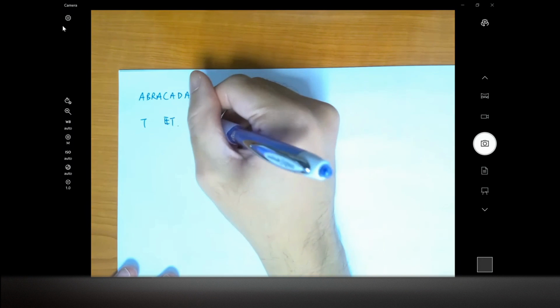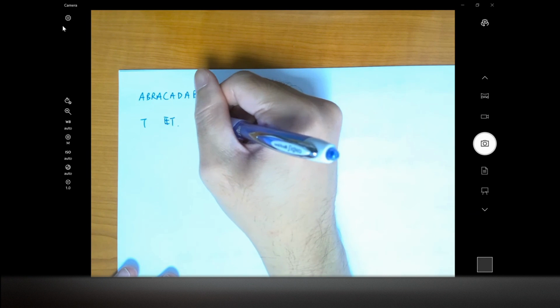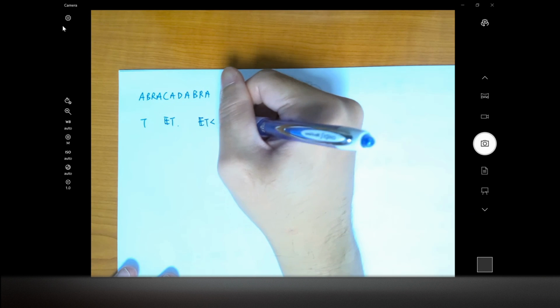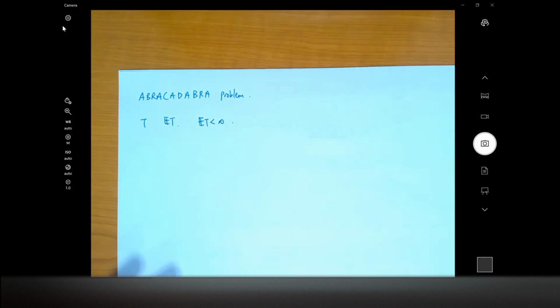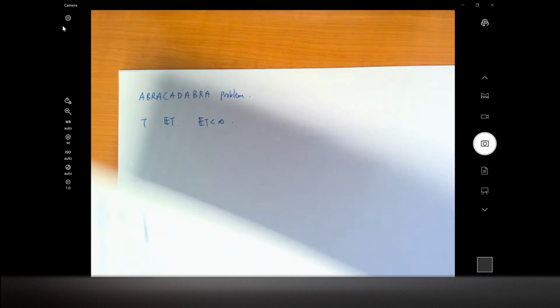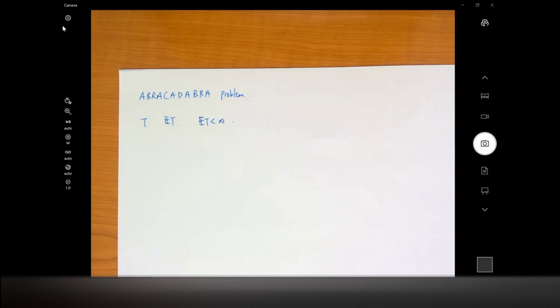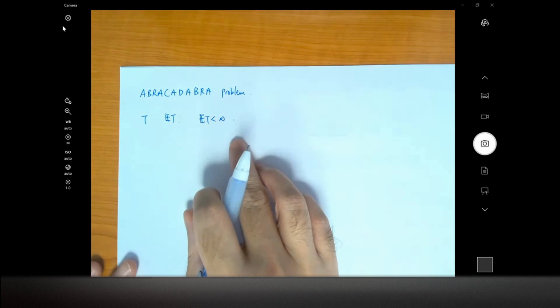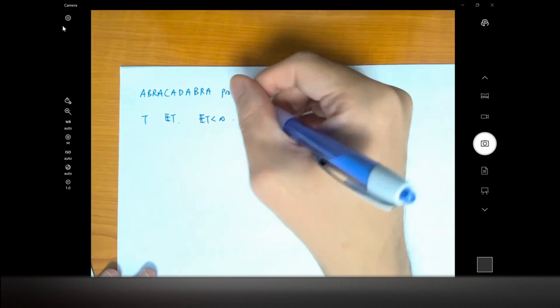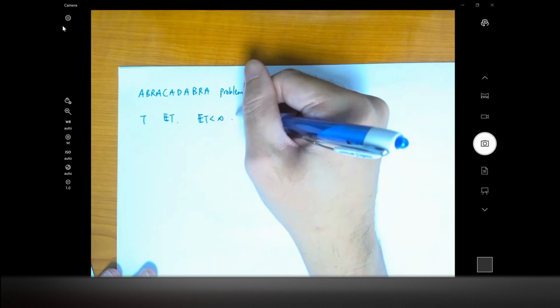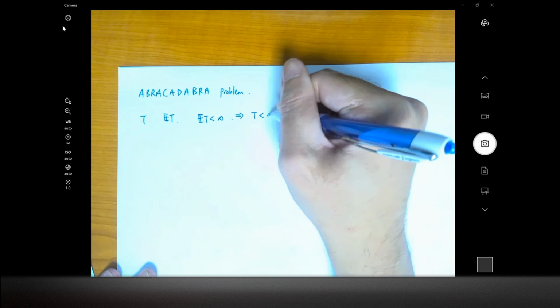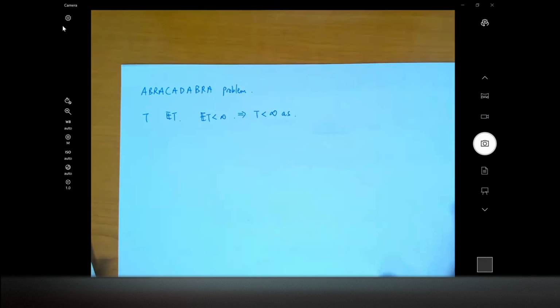You can prove that the expectation of T is finite, using the same argument as just now, when we proved that the stopping time is finite in the random walk. So this part I'm not going to go through. Finite means that my T is finite almost surely.